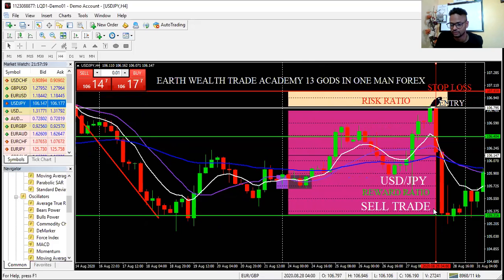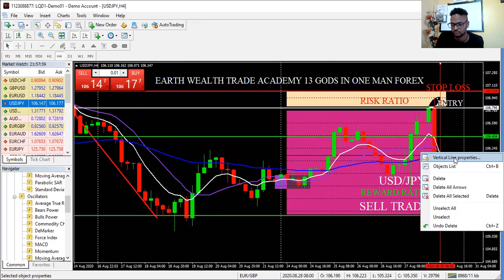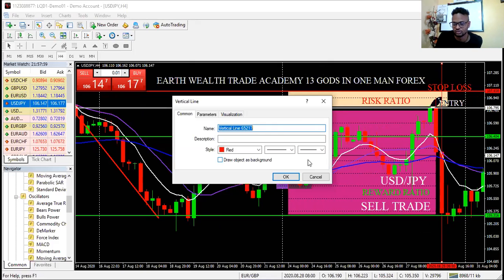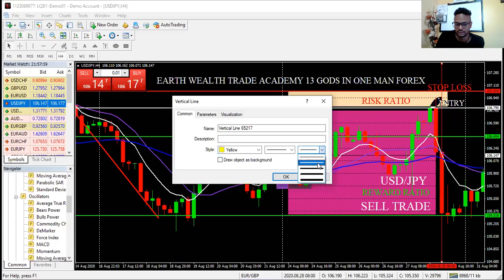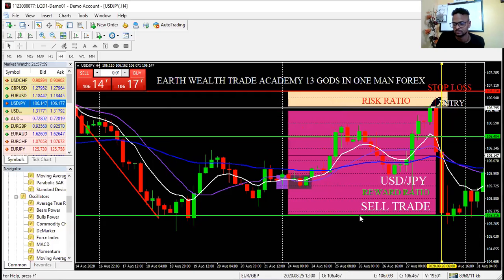So these are the two candles that we're working with. This one and this one. And I can change this color to maybe yellow. Make it a little bit thicker, so you guys can see it. This candle and this candle. These two candles, that's what we're looking at.